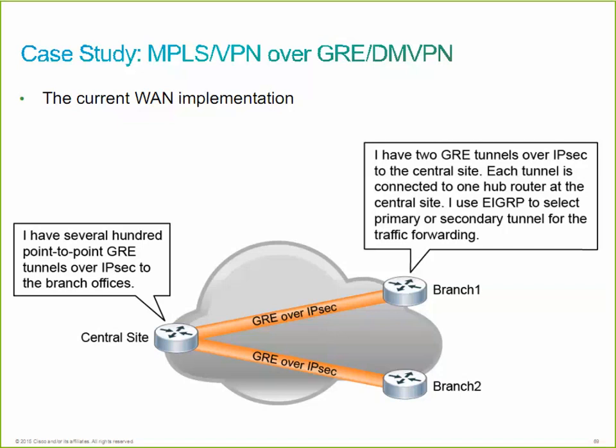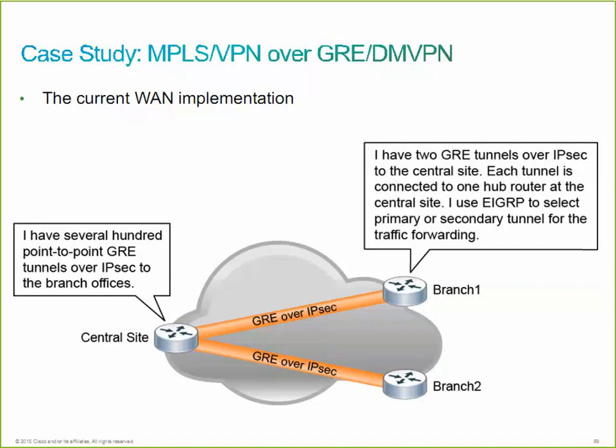If I add a bunch of branches, I don't want the configuration to exponentially become more difficult. I still want to be able to isolate traffic between the departments. I want a security policy that I'm developing that identifies how that traffic is isolated, but I want that security policy to be centrally managed, which is a pretty common thing.